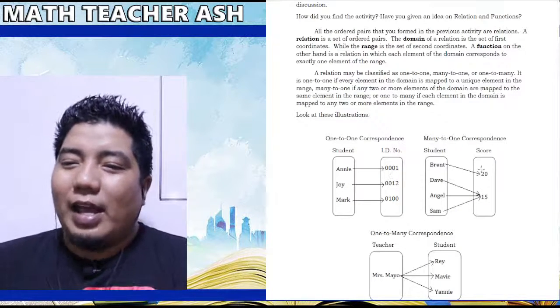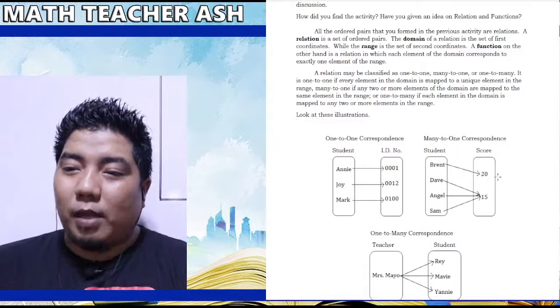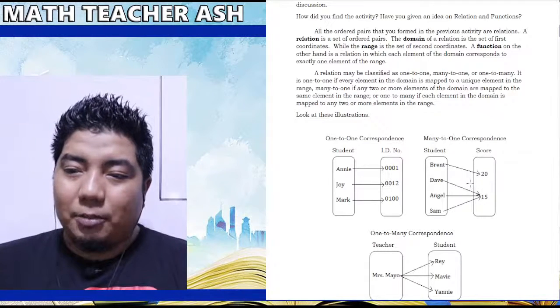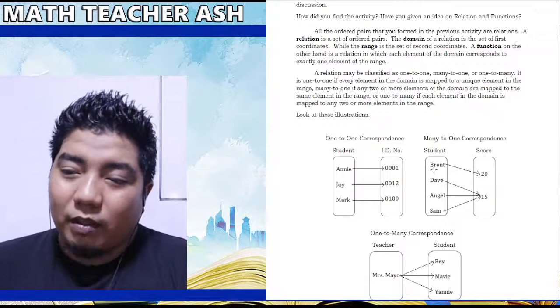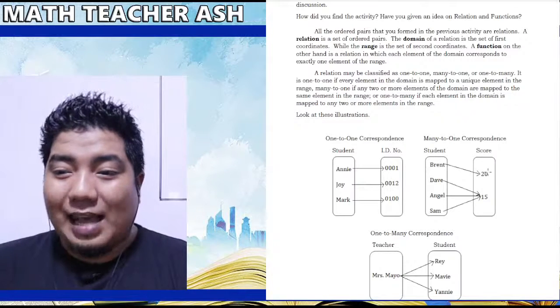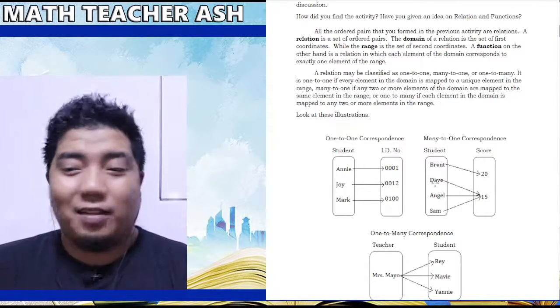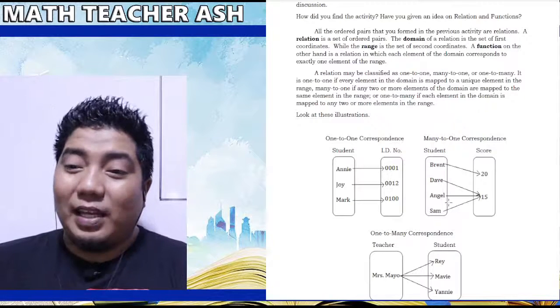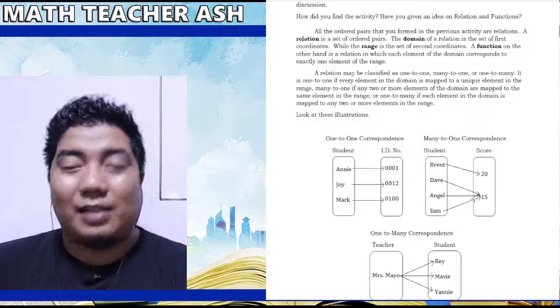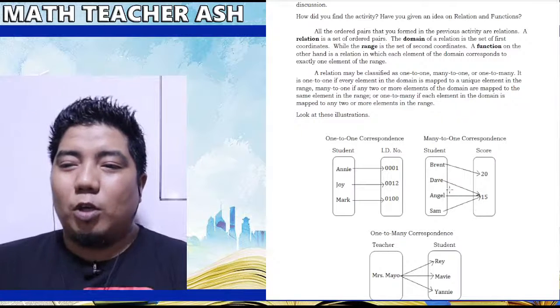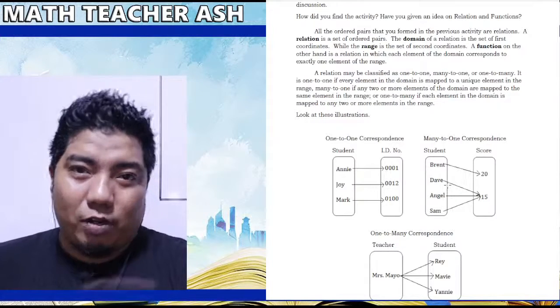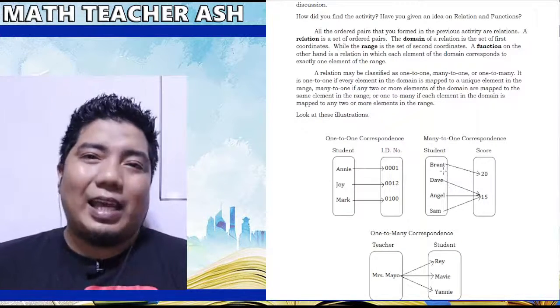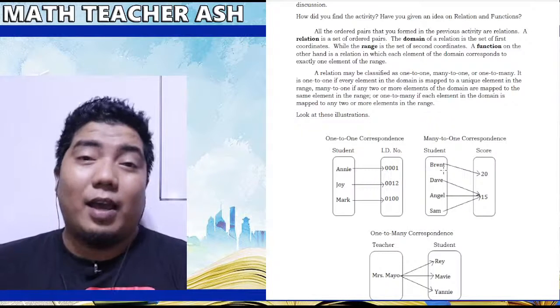All right. Next, we have also here many-to-one correspondence. So as you can see here, we have Brent, that has a score of 20. Dave has a score of 15. Angel has a score of 15. Sam has a score of 15. So, question, is this a function or a relation lang? So, in this case, this is also what we call a function.